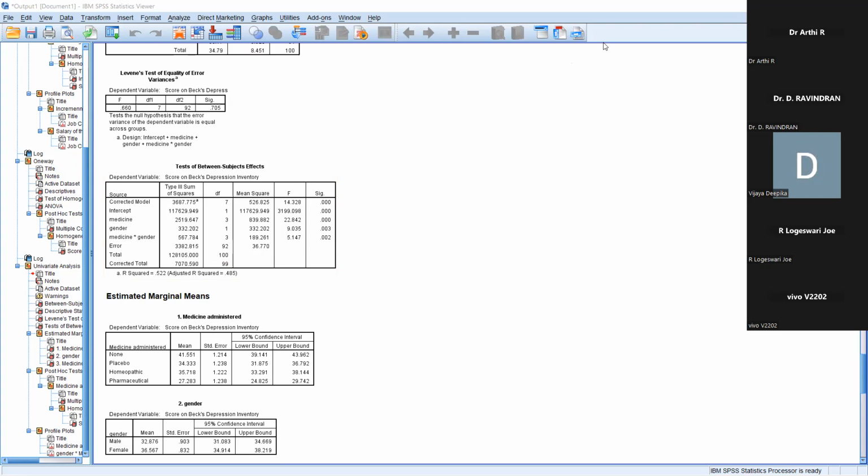We will be using pen. I do not know where the pen is. Okay, fine. So for all these three, medicine, gender, medicine into gender, just a minute.